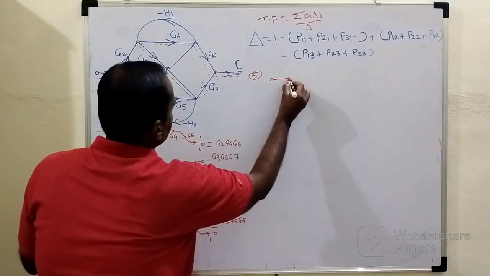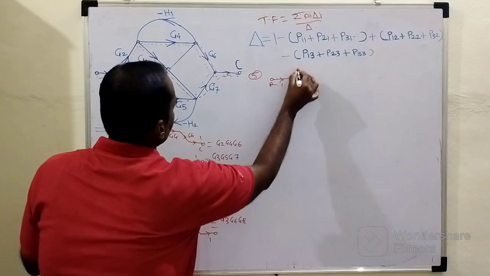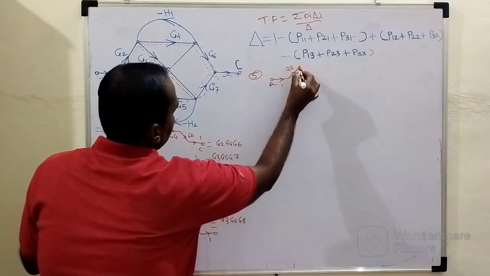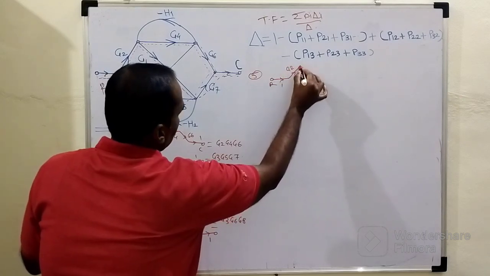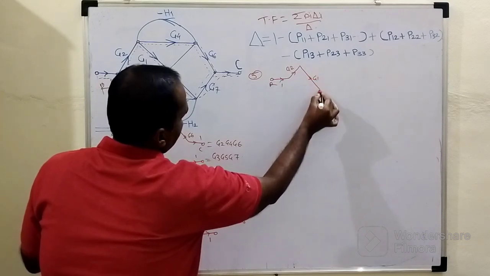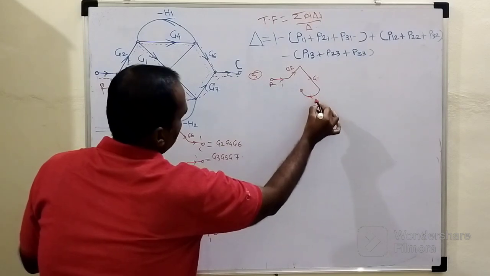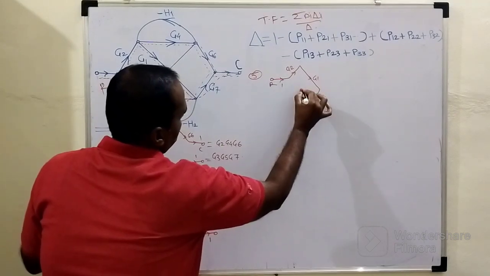See, that journey is being started from this R. The gain of this path is nothing but 1. So here it is G2. Then, as I told you earlier, this is the diagonal element whose gain is G1. Here we have the feedback element whose gain is exactly equal to minus H2.